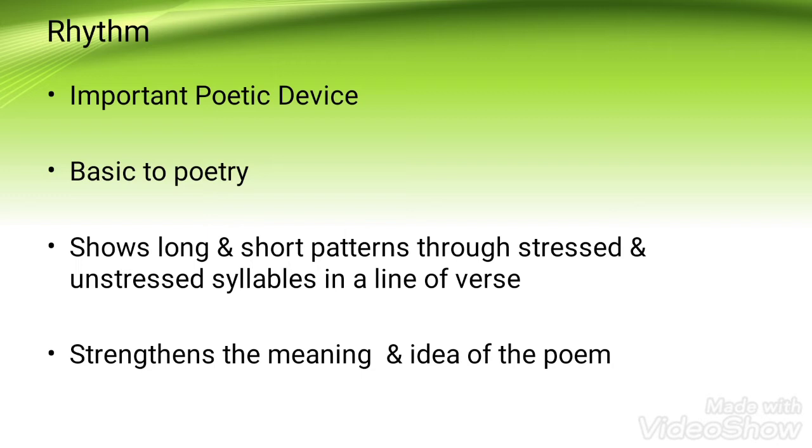Rhythm is a poetic device which demonstrates the long and short patterns through stressed and unstressed syllables in a line of verse. These lines are also written on the slide. It demonstrates long and short patterns. Which patterns? Patterns of sound, through stressed and unstressed syllables in a line of verse.